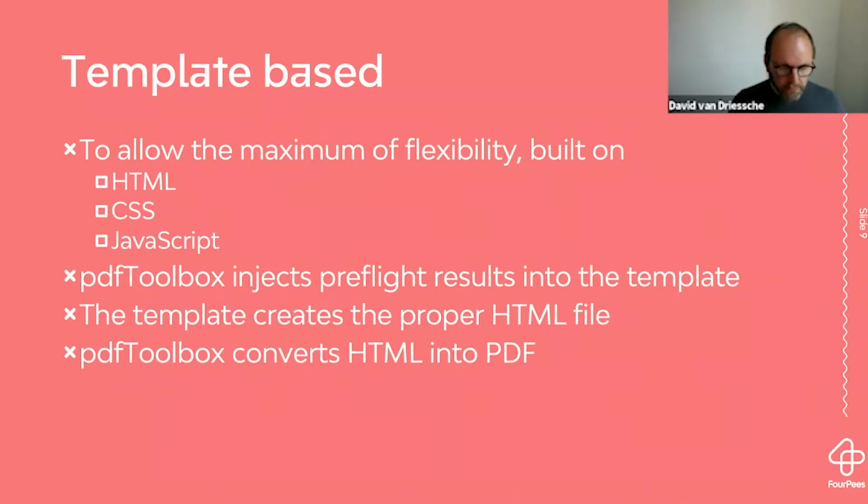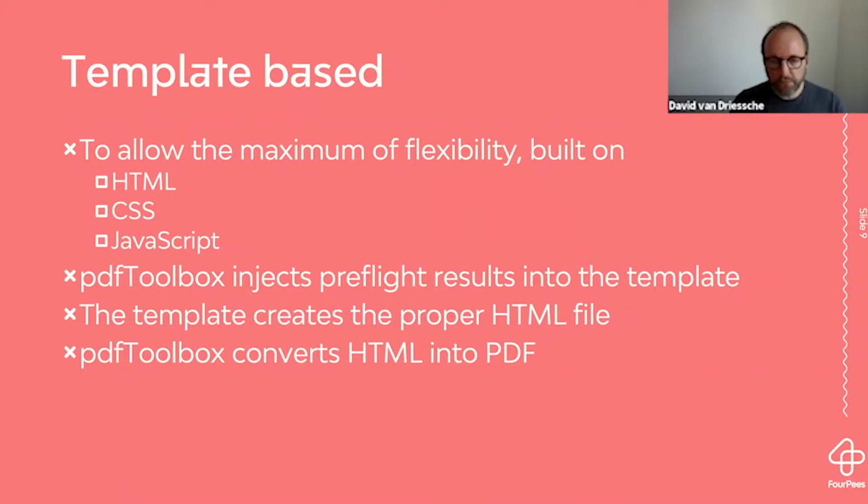So how does this work in pdfToolbox? I have a few more advanced things, two slides further, I think. But in essence, pdfToolbox does a pre-flight, and it is then going to inject information from this pre-flight into the template that you have. And that allows the template to modify the HTML file that it's working with, insert error messages, for example, or anything that you want to modify or make conditional.